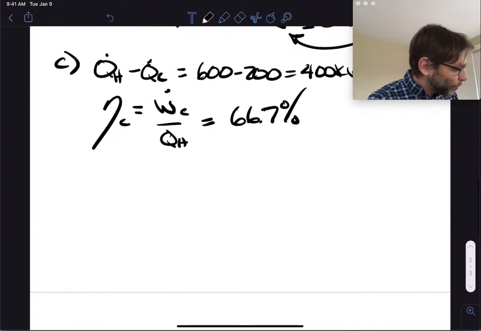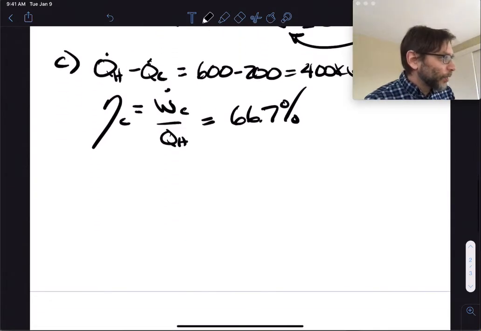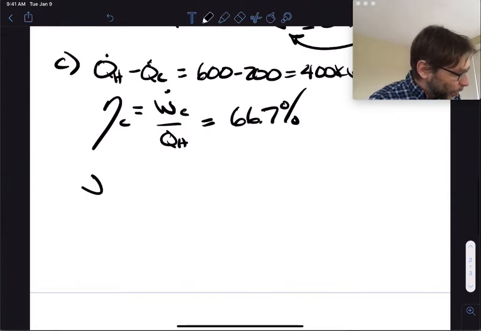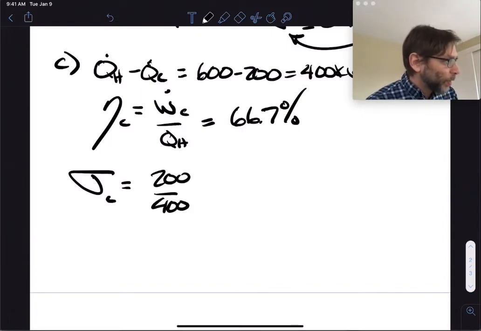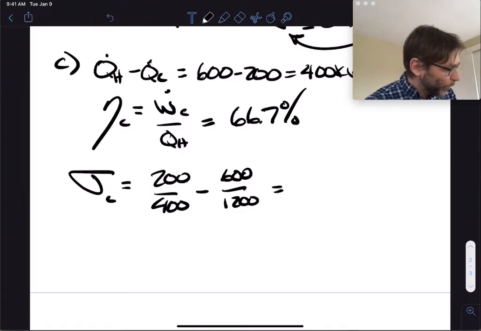Let's see how awesome it is according to the second law. So we'll just do sigma of C is equal to 200 over 400 minus 600 over 1200. And this is equal to, 2 over 4 is 1/2, so this is equal to 0.